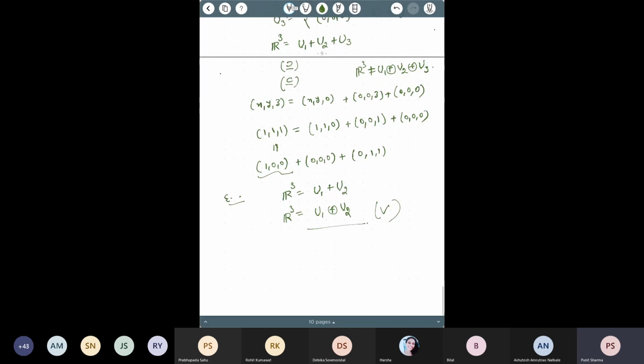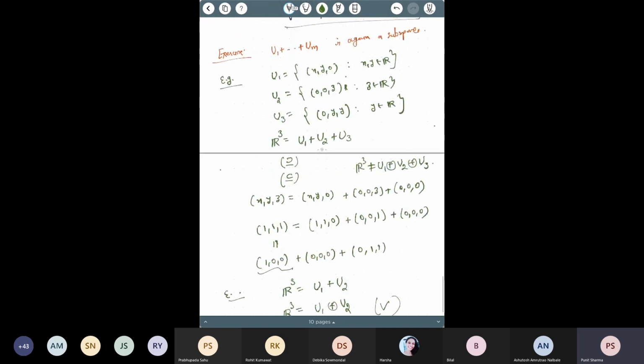So now, if I give you a vector space and let's say m subspaces, and I ask you to check whether it's a direct sum or not, and you want to prove that it is not a direct sum, then you will quickly find an element in the vector space, and you will show that it can be written in two different ways as a sum of vectors in U1, U2, U3. If you want to disprove, right?